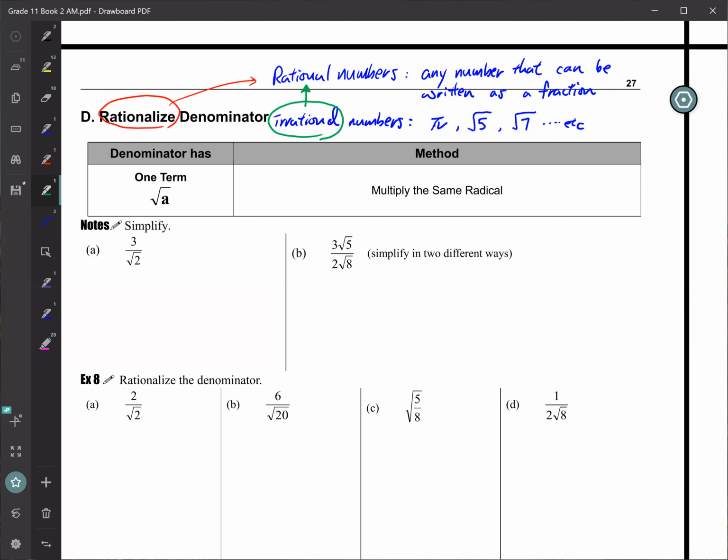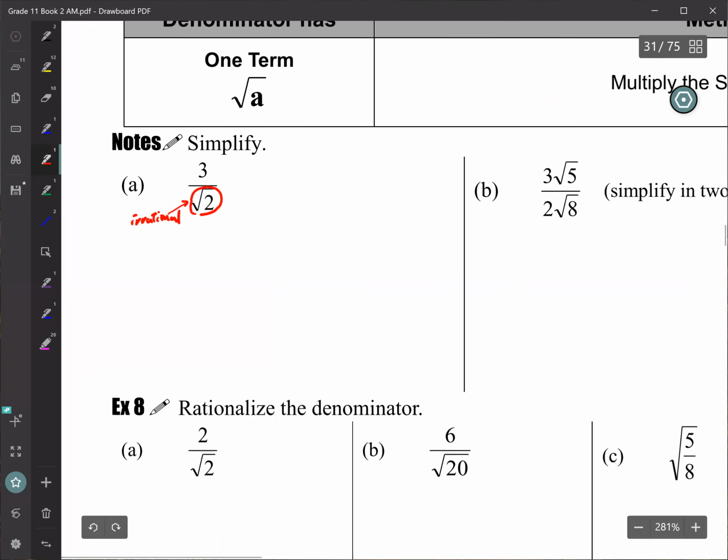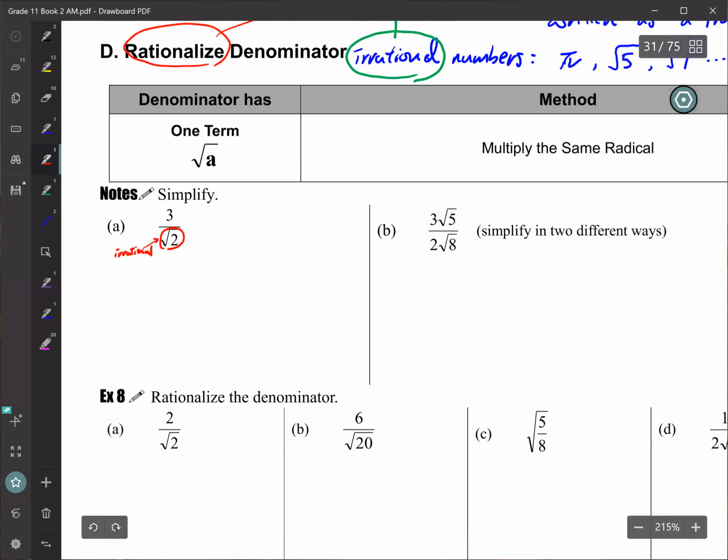So when the denominator has an irrational number, like this one, you have a square root 2 in the denominator. This denominator here is irrational. You want to make the denominator become rational. So if the denominator has one term, you multiply by the same radical.